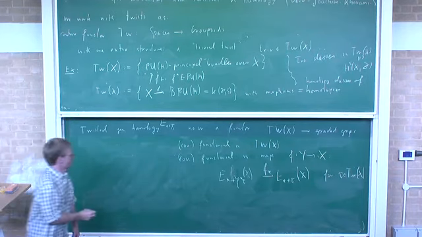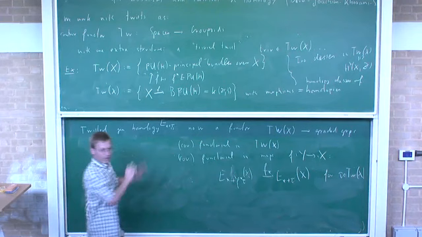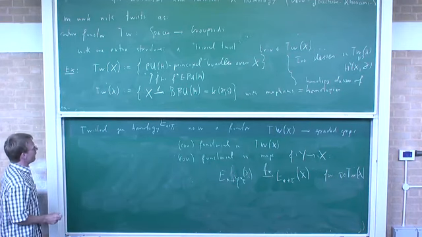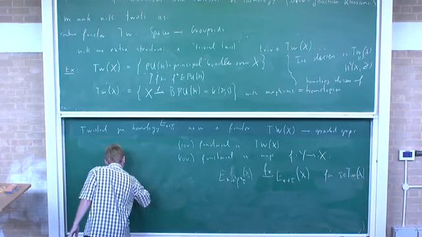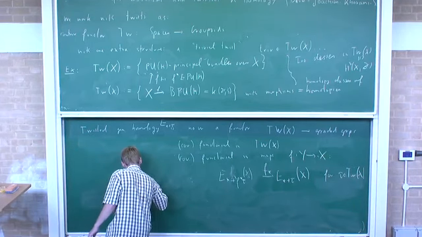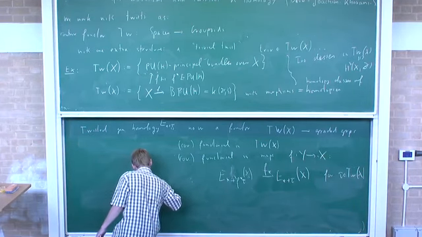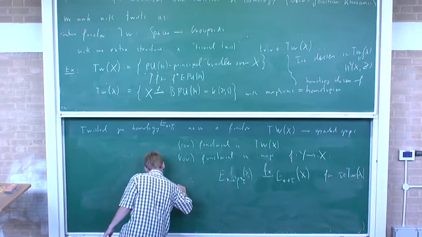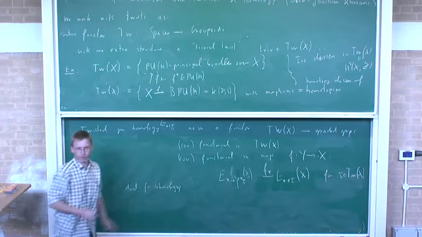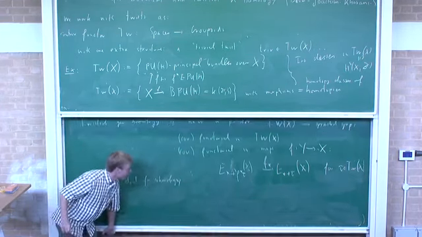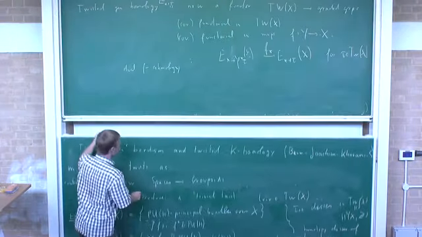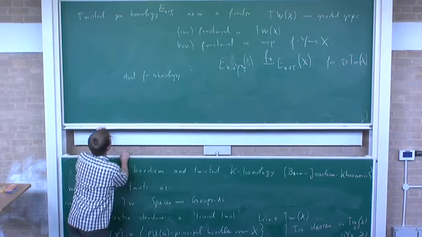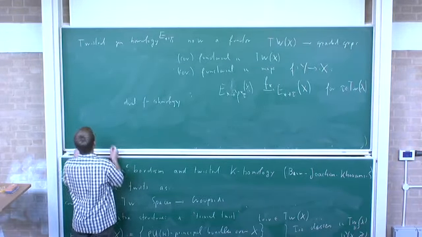Yes, so this is a sketch of what this is, and dual homology was also a version of homology, which I'm writing down because I can give you a very quick definition of twisted K-theory.